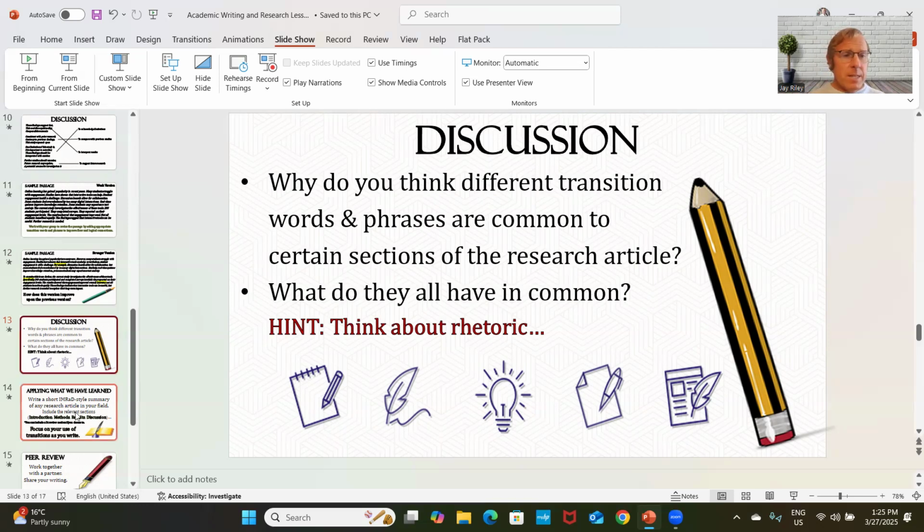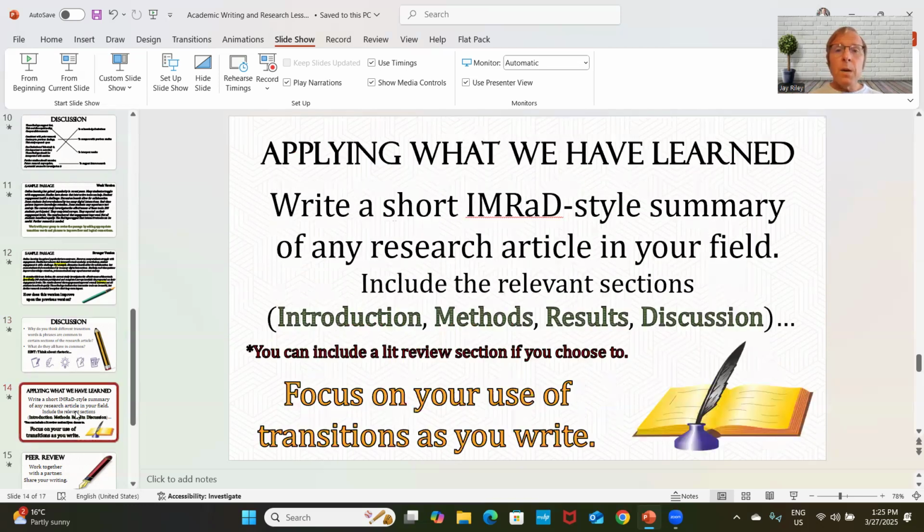All right. So I want you to write a short summary using the OMRAD approach of any research article in your field. So go out, read an article, or perhaps it's an article that you've read, and then write a short summary. You can include a literature review if you want to, but you can include that under the umbrella of the introduction.